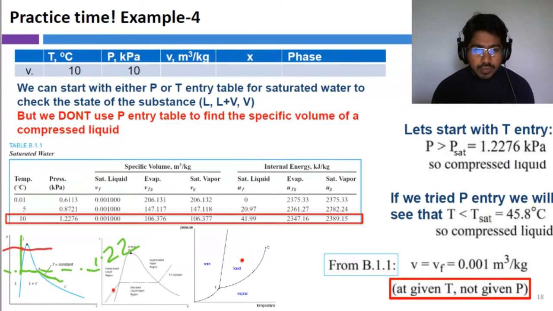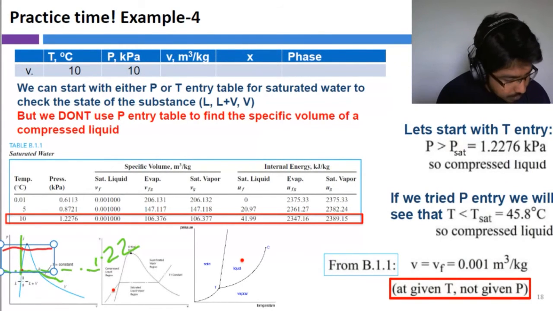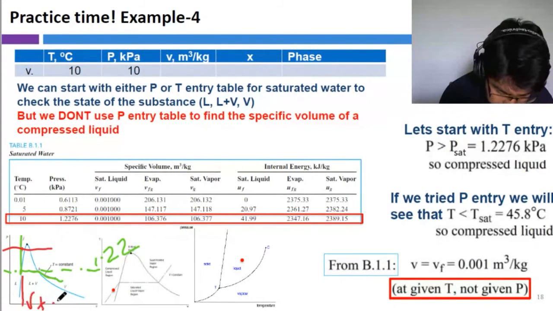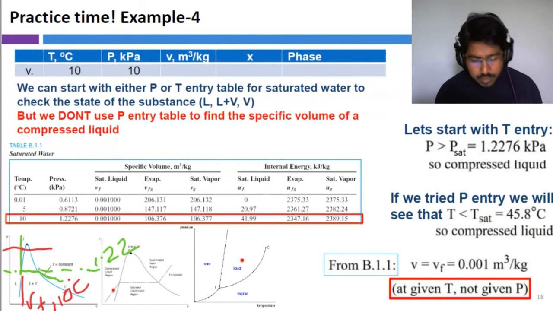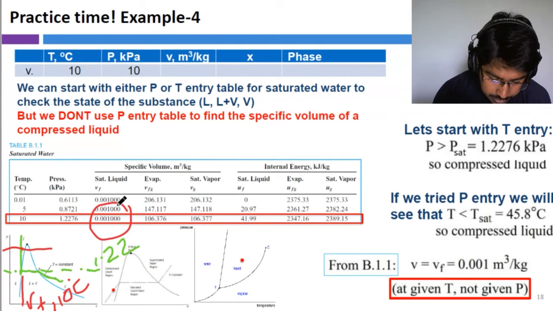And then we said that the specific volume of a compressed liquid at any pressure is similar to VF at that given temperature, right? So now this is going to be our VF at 10 Celsius. We locate our VF at 10 Celsius and then we can straight away pull that up.